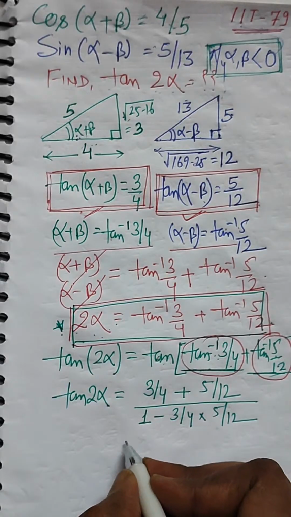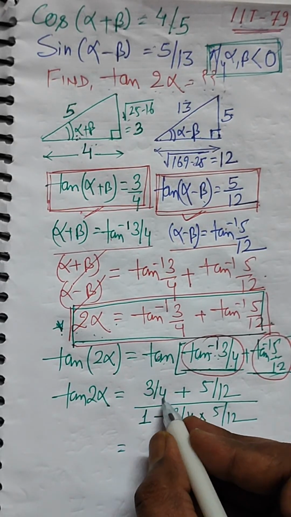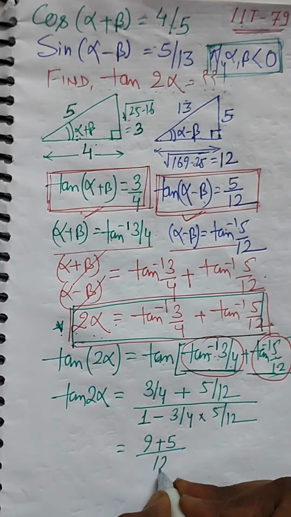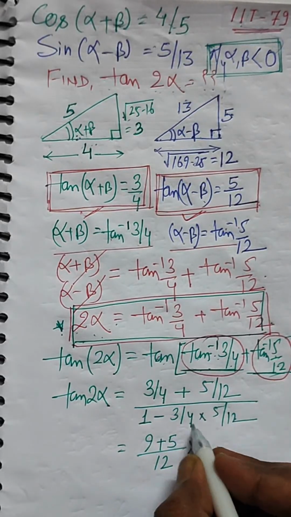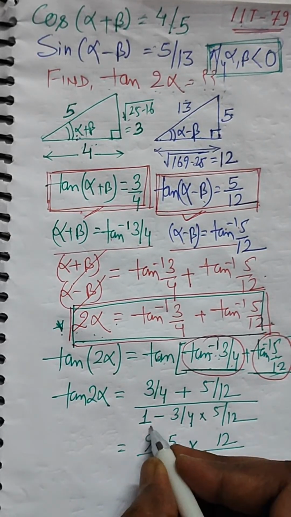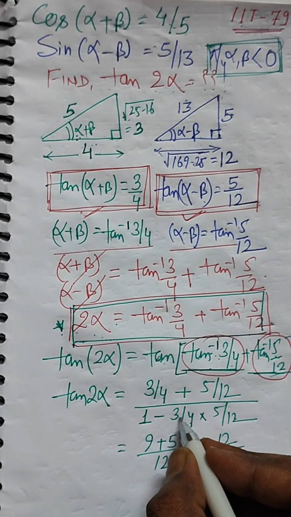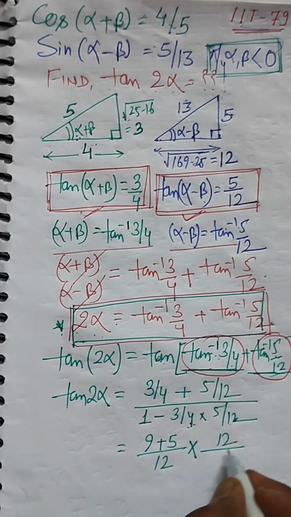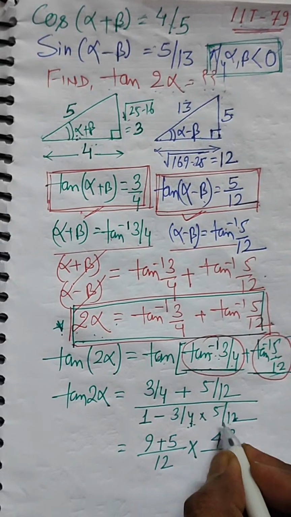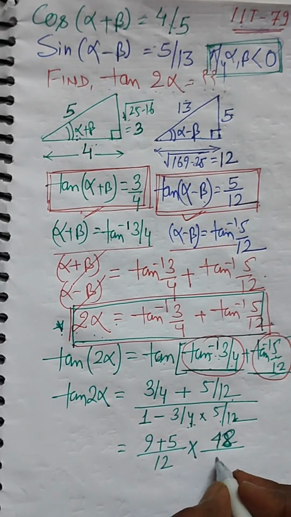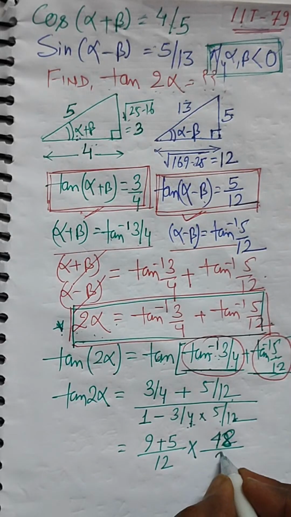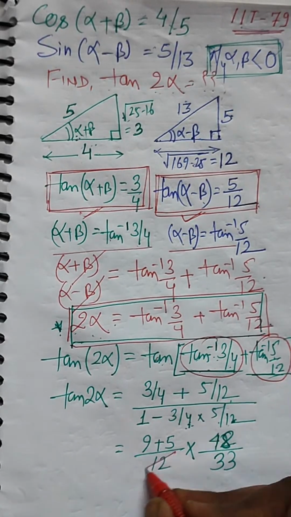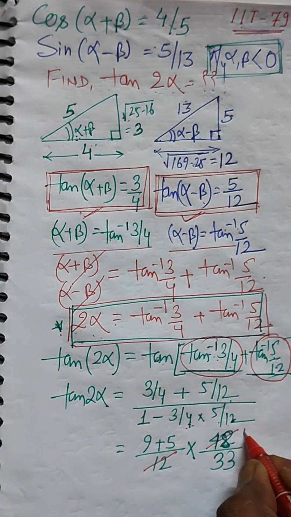Taking the LCM, 4 into 3 is 12, 3 3 is 9, 9 plus 5 by 12 multiplied by this 12 going upward, and 12 into 4 is 48, sorry, it's 48 going upward, and 48 minus 15 will be coming as 33, right? Here you can see from 12, this 48 is divided 4 times.